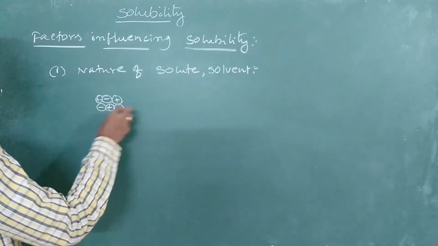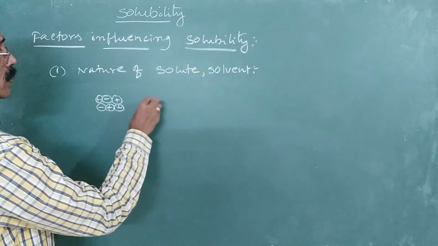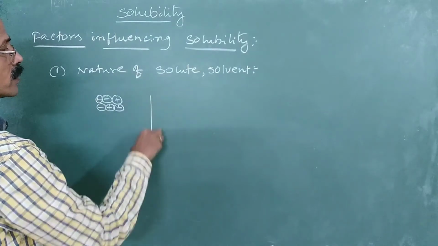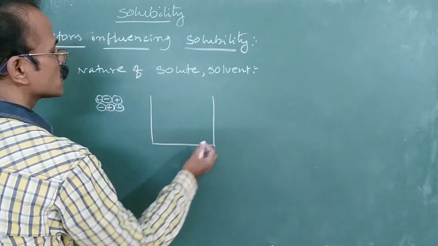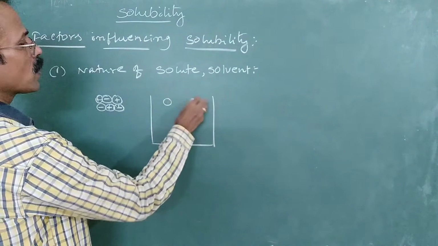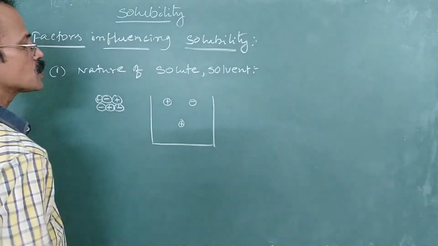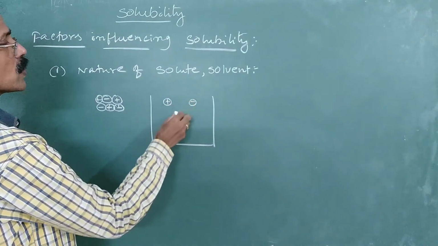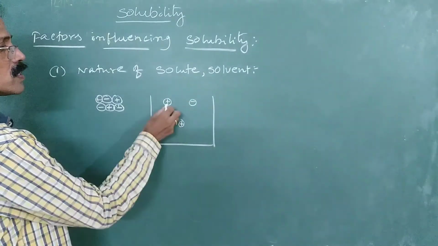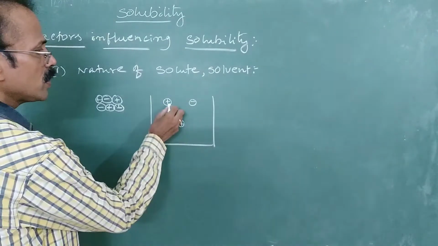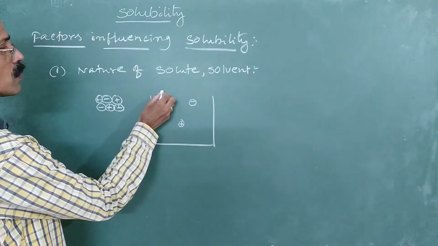When you put these substances in water, what happens? The ions will be separated, as we have already discussed. There are attractive forces now developed between the positive ions and the water molecules.